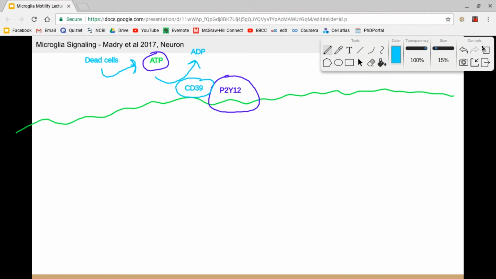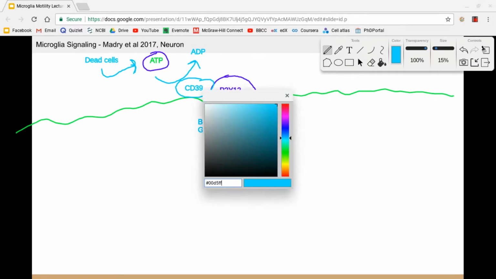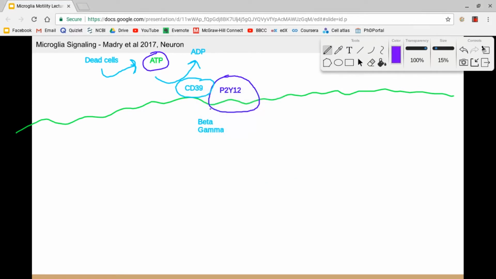The hydrolysis of ATP into ADP or ADP into AMP, either or, activates the beta and the gamma subunits of the P2Y G-coupled protein. These are the subunits of the G protein that get activated when CD39 hydrolyzes ATP.